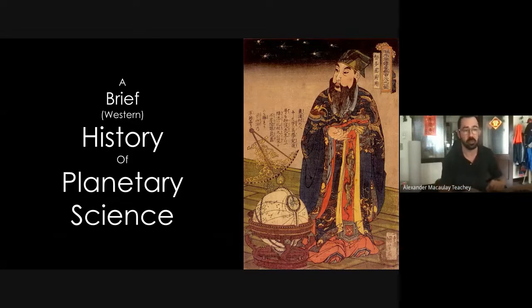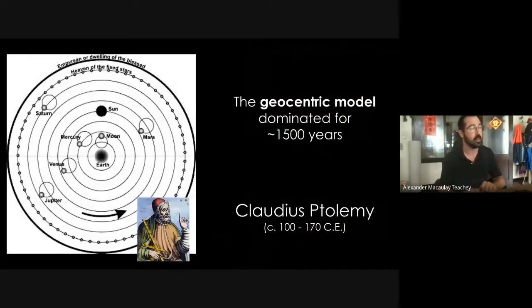So you'll bear with me on that, but just make it clear that these are not the only important figures in this history. But you may have heard that for a very, very long time, our picture of the solar system and really the universe as it was understood at the time was not quite right.